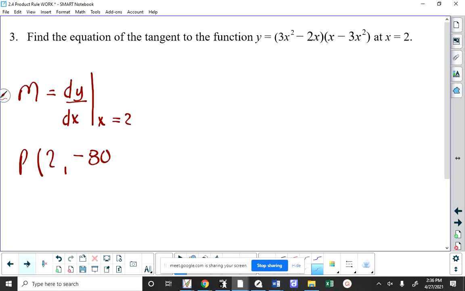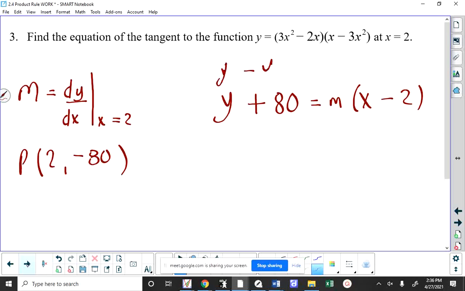So we're going to have y minus negative 80 equals the slope times x minus 2. We just need to figure out the slope. This is our y minus y1 equals slope times x minus x1. We just need the slope. So let's find the derivative.